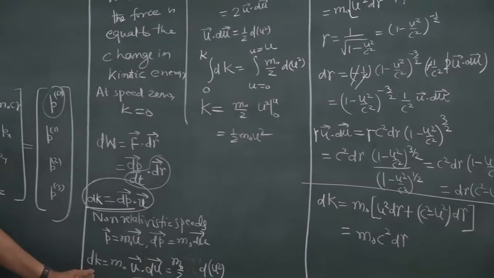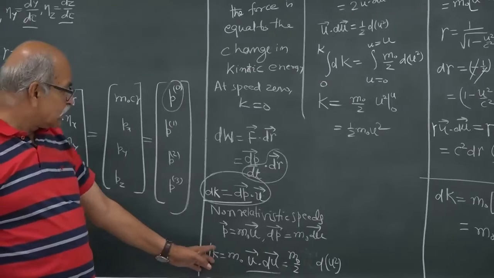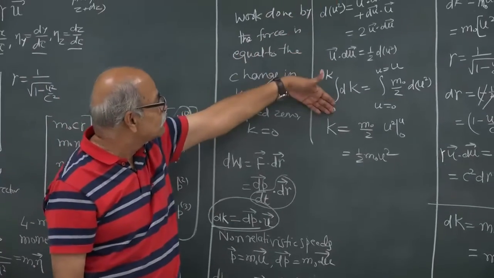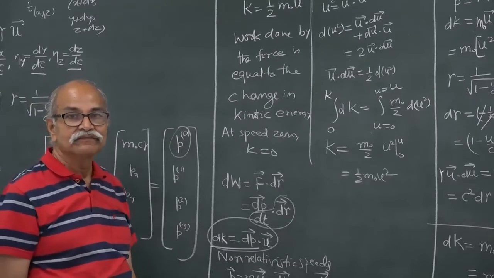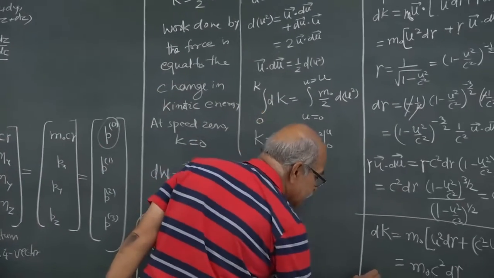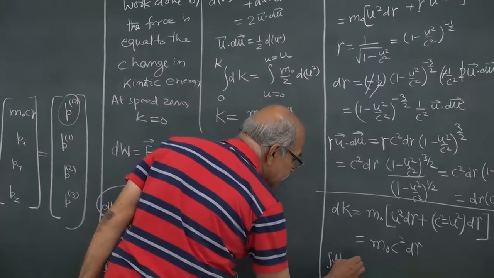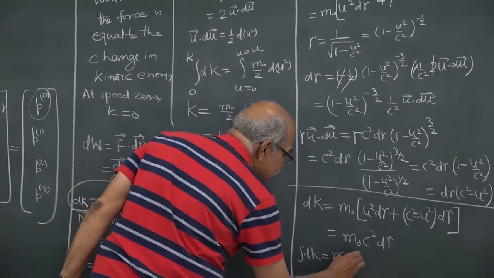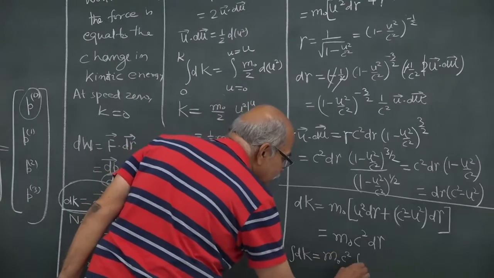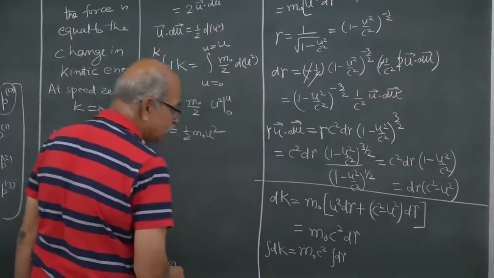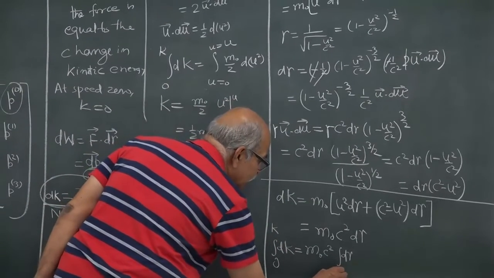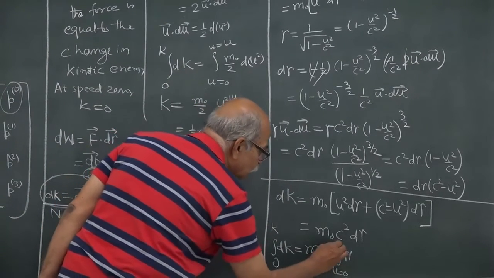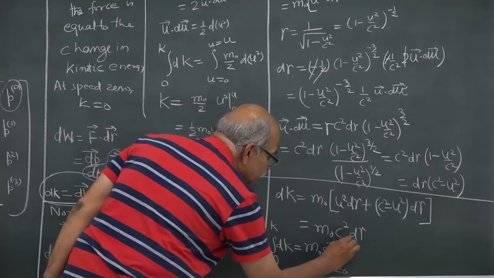So after that, what did we do? After getting all these things, we integrated from 0 to k and u going from 0 to u. dk is equal to m naught c square is constant, and therefore this is just d gamma. This is 0 to k, and this is u going from 0 to u.